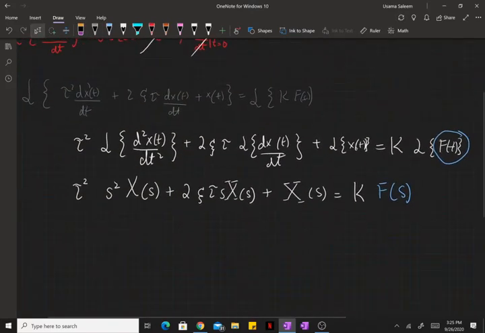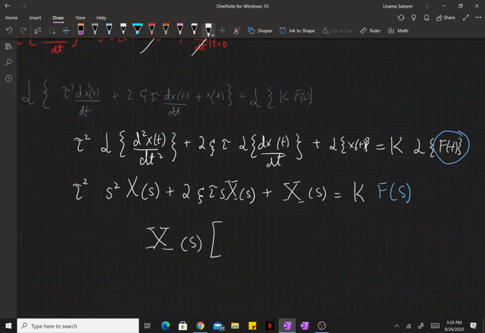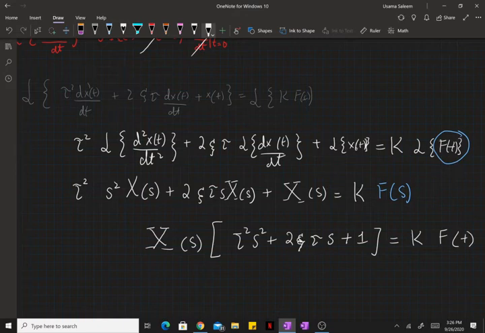Alright, so now on the left hand side, if we factor out X of s, we're left with tau squared times s squared plus 2 eta tau s plus 1, and on the right hand side I obviously have k times F of s.